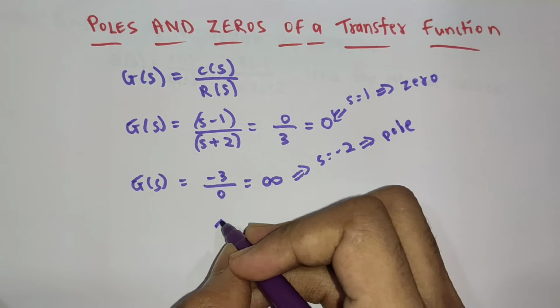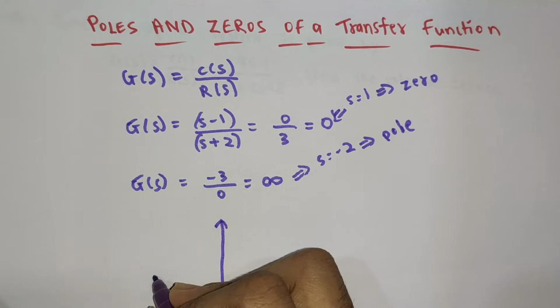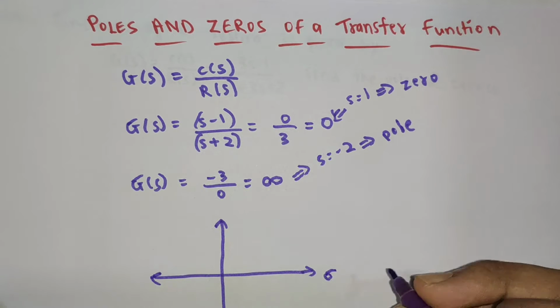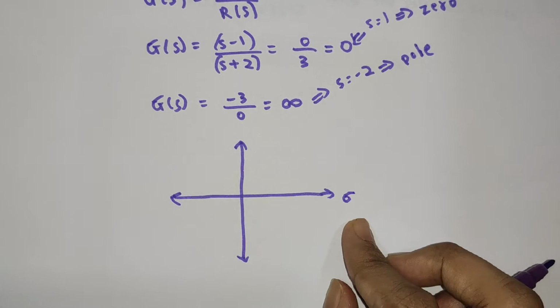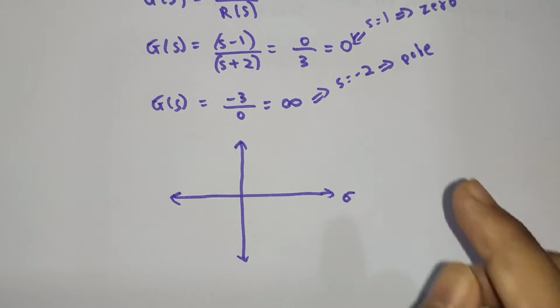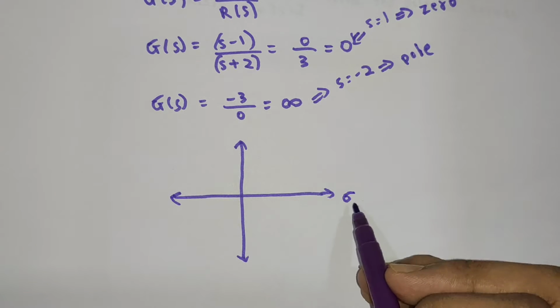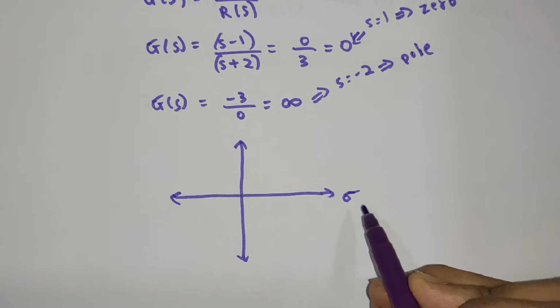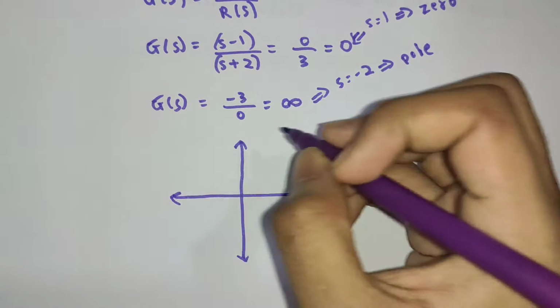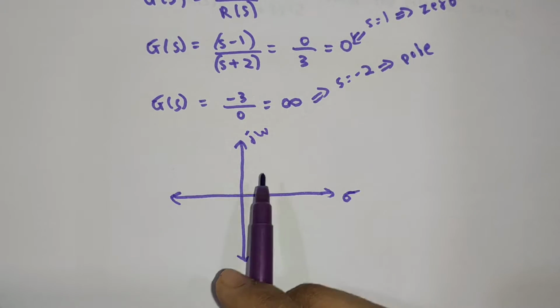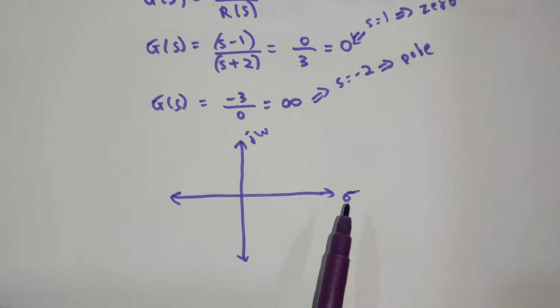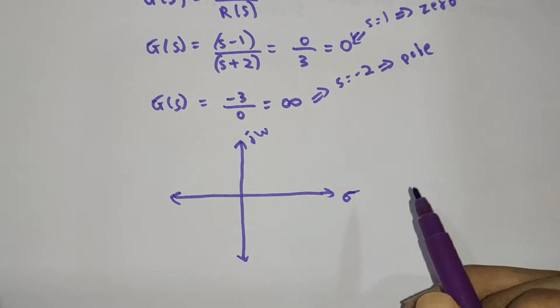Now how to plot this? For plotting, the x-axis will be sigma, and it will contain all the real values of the poles and zeros. All the real values of the poles and zeros will come under this sigma, and the y-axis will be j omega, and it will contain all the imaginary values that we will get for the poles and zeros.